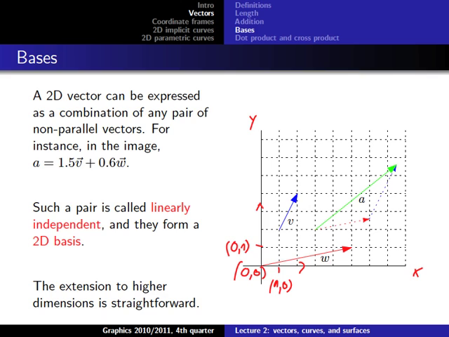If we have two vectors that are linearly independent, which means that they are not parallel, then we say they form a 2D basis, so they allow us to build any new vector in our 2D space just by making a weighted addition of these two vectors.